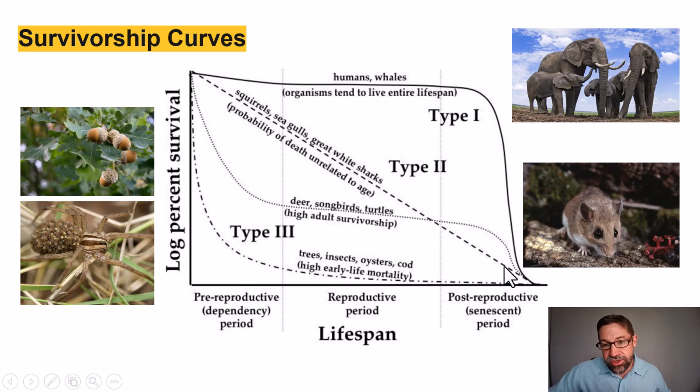The slope is the same. It's a linear model here. Okay, so your chance of surviving is pretty much the same at all of these different periods throughout your lifespan.